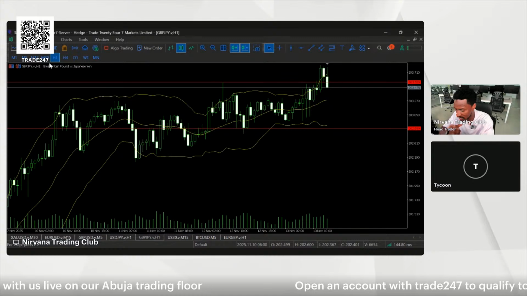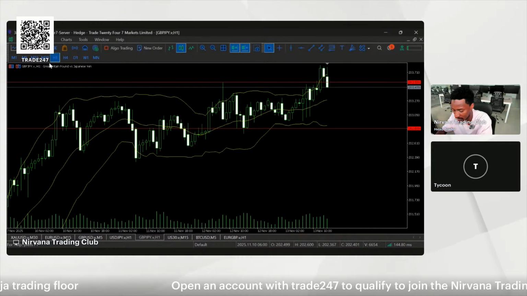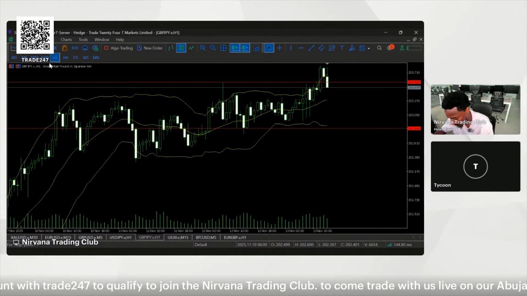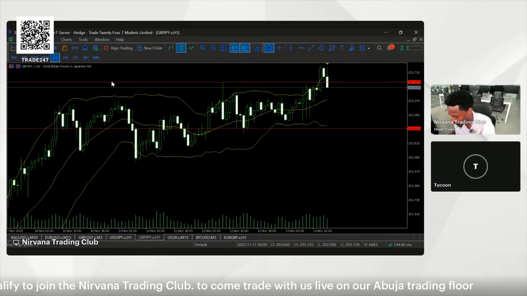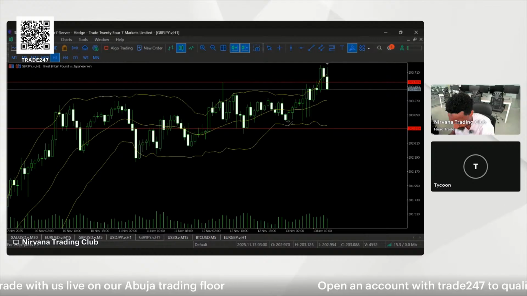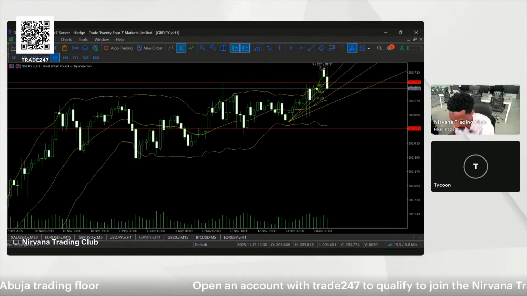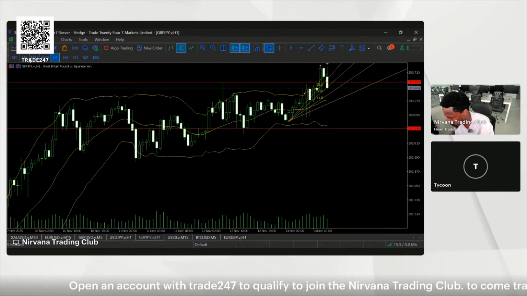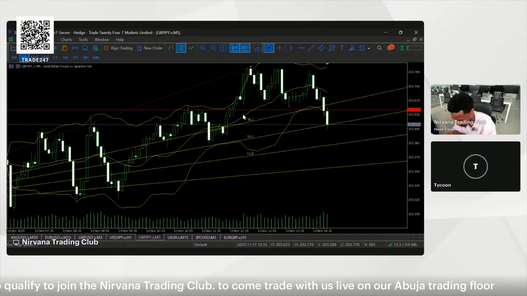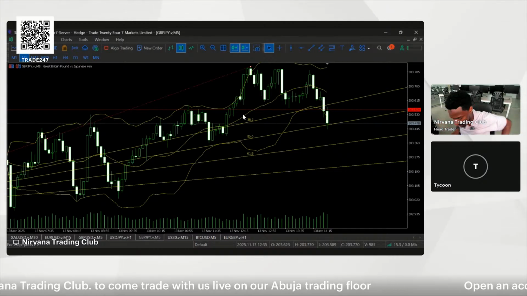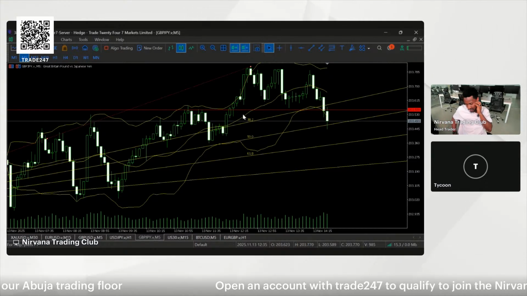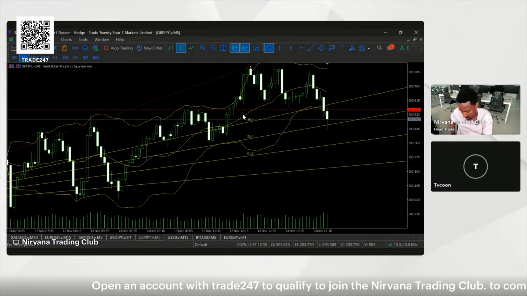So 1 hour time frame, I'm looking at this full bullish run. Where did we start from? I think the move started here. So this is my expectation. Currently price is in that region of concern, and I'm looking at it together.